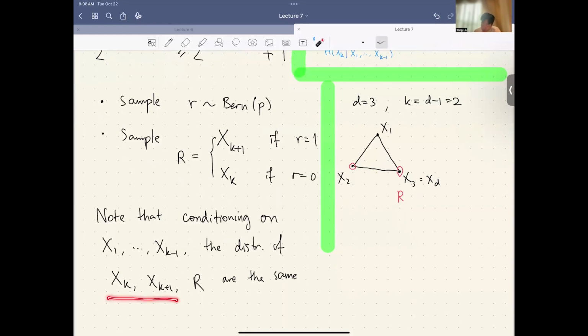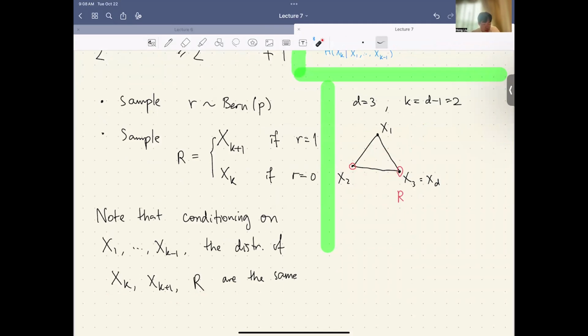Well, these two are the same. It's trivial. Condition on the previous ones, xk and xk plus 1, they have the same marginal, the same distribution. And r is just a convex combination of these two. So r is also the same.